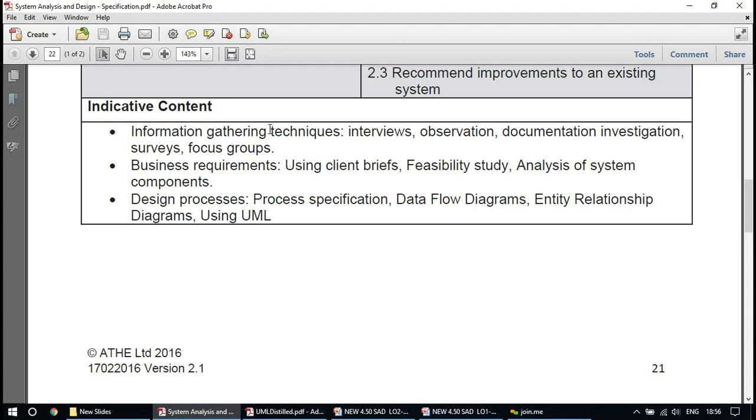So a little task is given to you. You can study from the history why object orientation came in and what the advantages were, and that's why the UML is used.